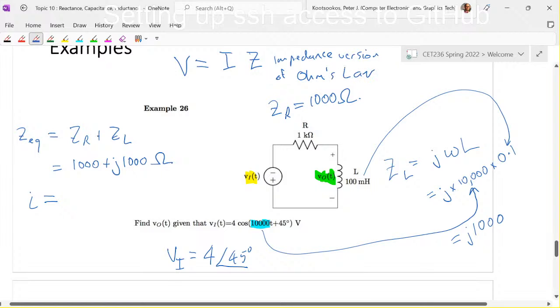So our I is V on Z. Our V is 4 angle 45 degrees, and our Z is 1000 plus j1000. And that's going to be in amps.